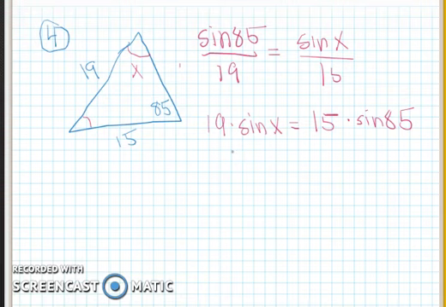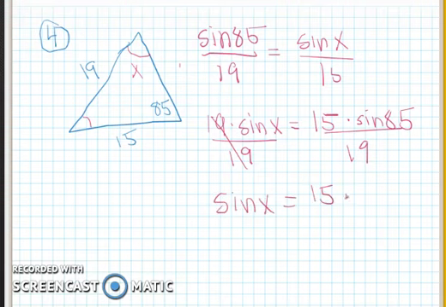Okay, I want this alone, so I'm going to go ahead and divide by 19. And now sine of x equals 15 times sine 85 divided by 19, and then I've got to take the inverse sine of it so I can get rid of that.